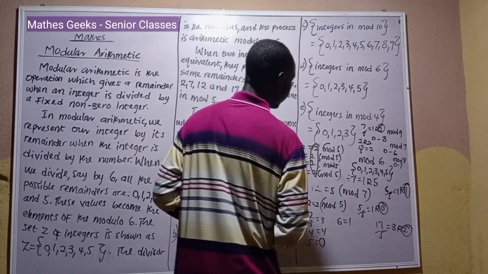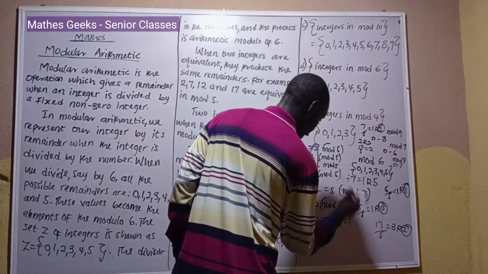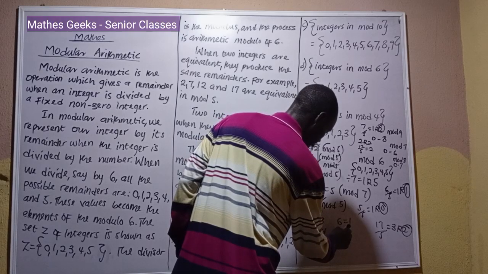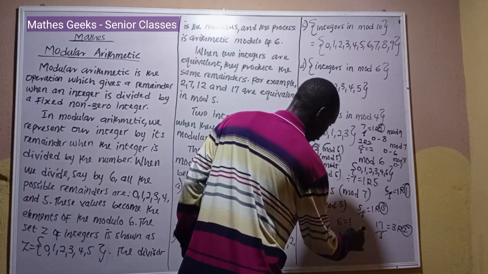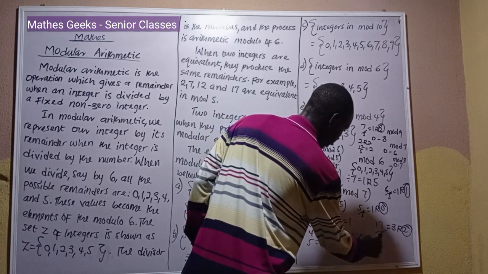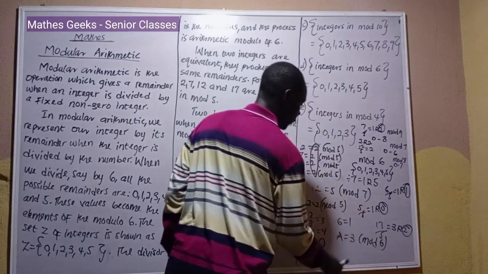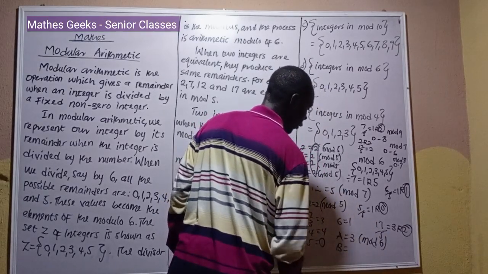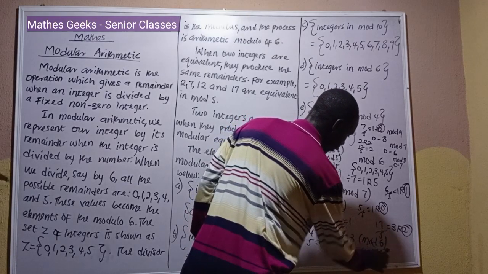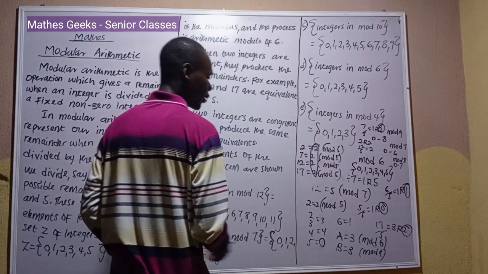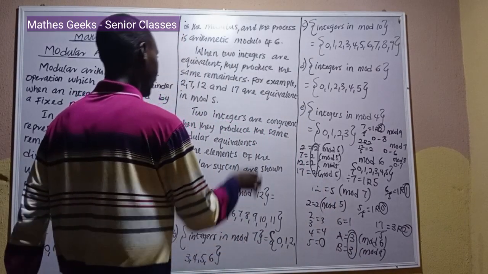Say, assuming A is a given value that, when divided in mod 6, gives 3, and B is also a given value that, when divided in mod 9, gives the remainder 3. Since the remainders are equal, we say they are congruent.